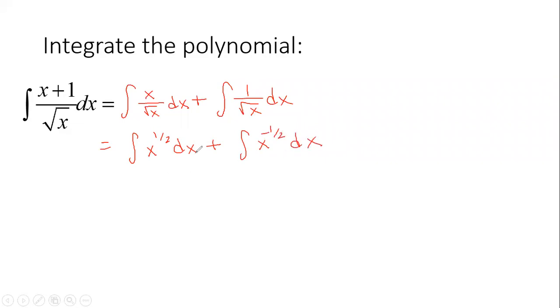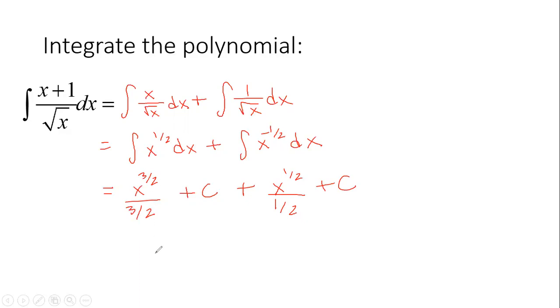And from here, I'm just going to do the same exact process I've been doing. I'm going to add 1. This is going to be x to the 3 over 2 divided by 3 over 2, plus c, and then right here, we're going to have x to the 1/2 divided by 1/2, because negative 1/2 plus 1 is 1/2, plus c. I'm going to start simplifying these.